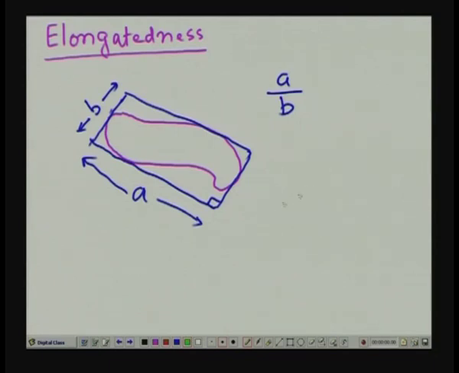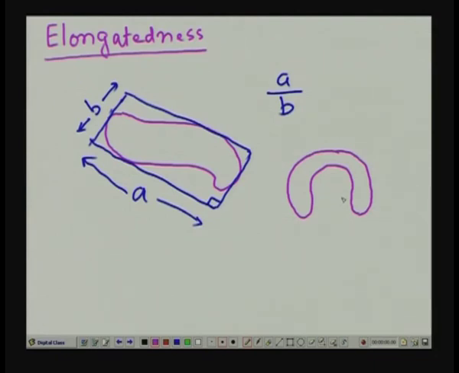For example, if I have a region something like this, for this kind of region, the elongatedness measure cannot be simply defined by this ratio of A and B.